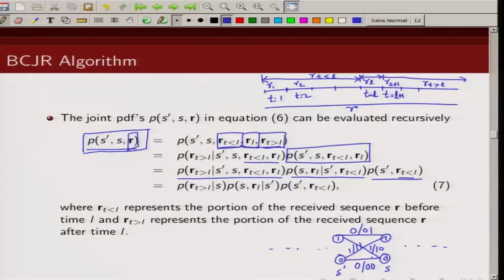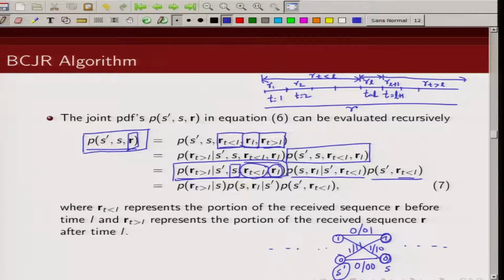Now, note that if I specify this next state, so probability of R t greater than L given S, then I do not need information about the previous state, I do not need information about what is the current input, I do not need information about what was the received sequence before L, provided I know what is the next state S.